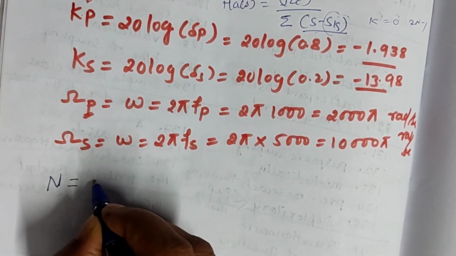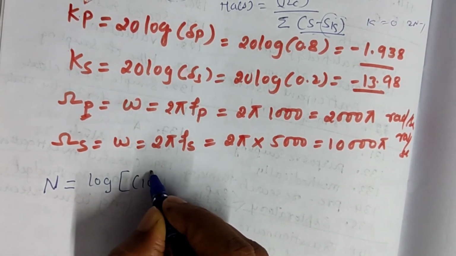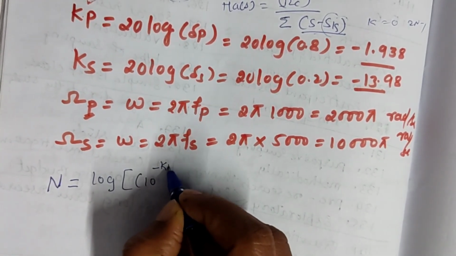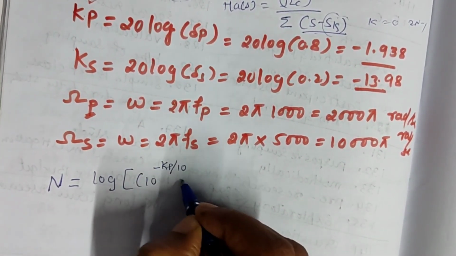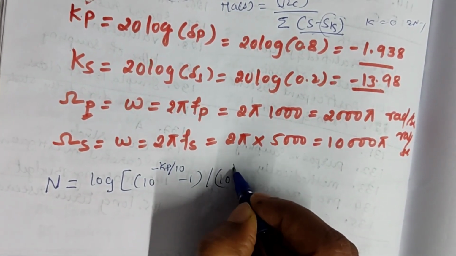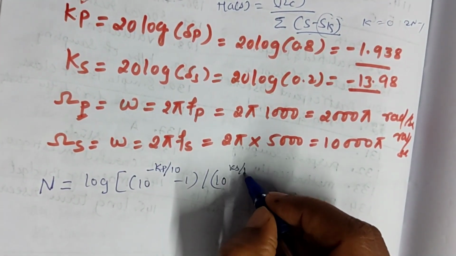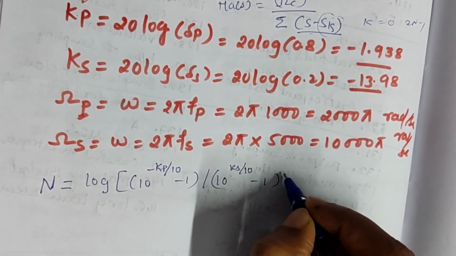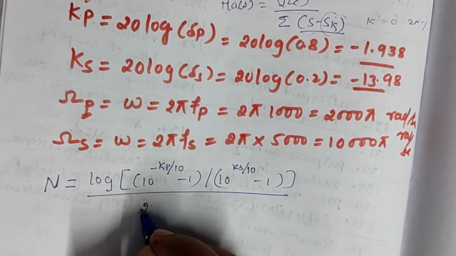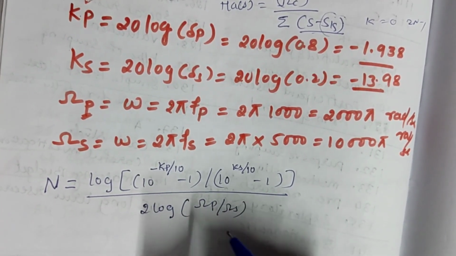N is equal to the ratio of log of 10 to the power of minus Kp divided by 10, minus 1, divided by 10 to the power of Ks divided by 10, minus 1, all divided by 2 log of ohm P by ohm S. This is the formula.